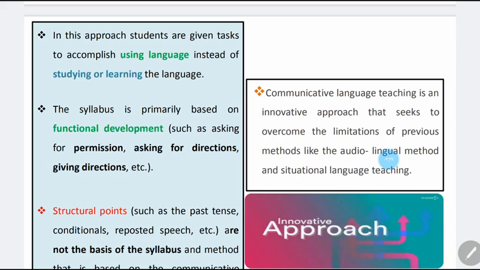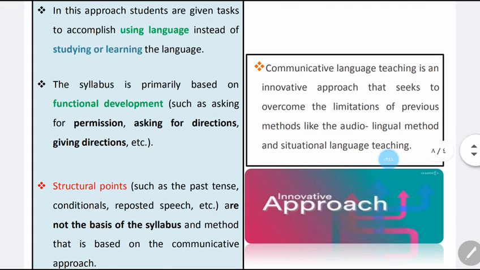So students accomplish their tasks or participate in the activities by using the language, and not studying the language in order to use it later on.